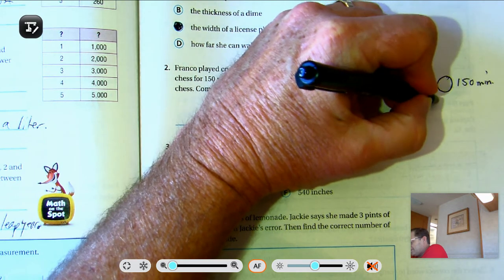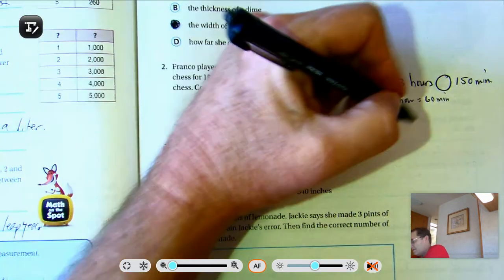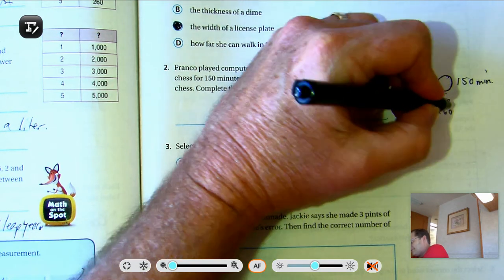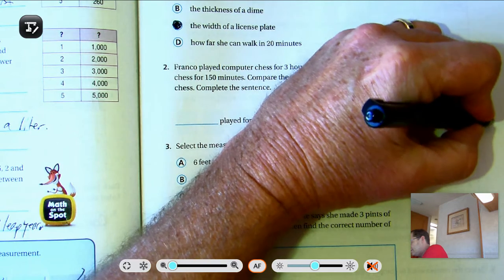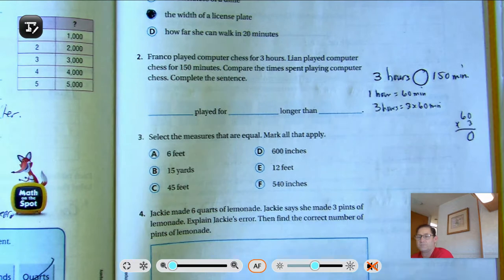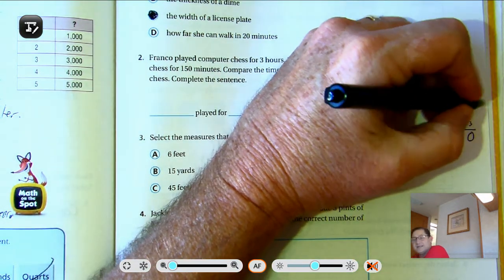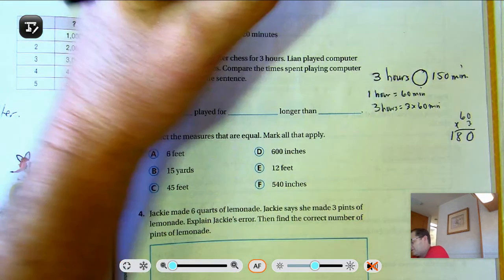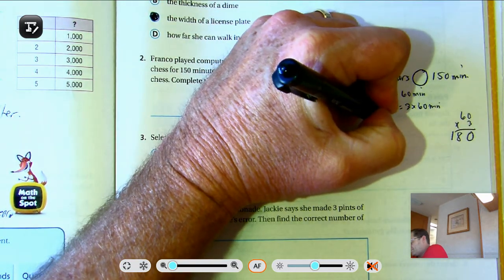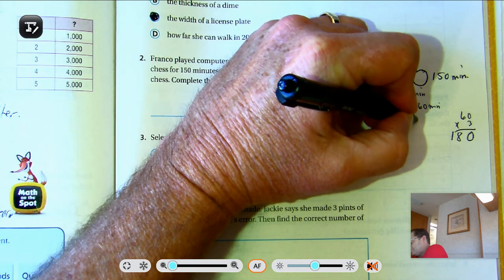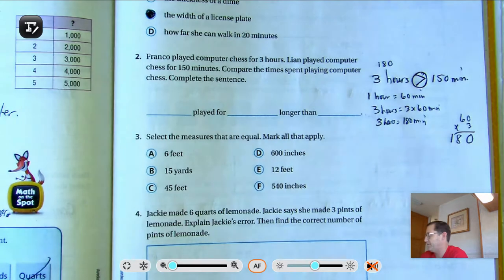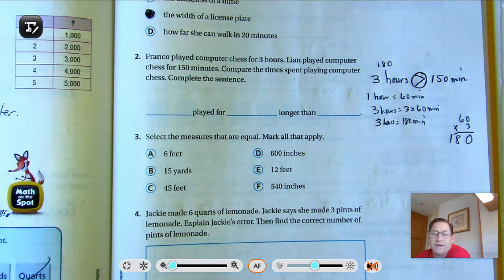1 hour is 60 minutes. So 3 hours would be 3 times 60. 3 times 60. 3 zeros is 0. 6 tens times 3 is 18. So 180. All right, so 180 minutes is greater than 150 minutes. So 3 hours is greater.